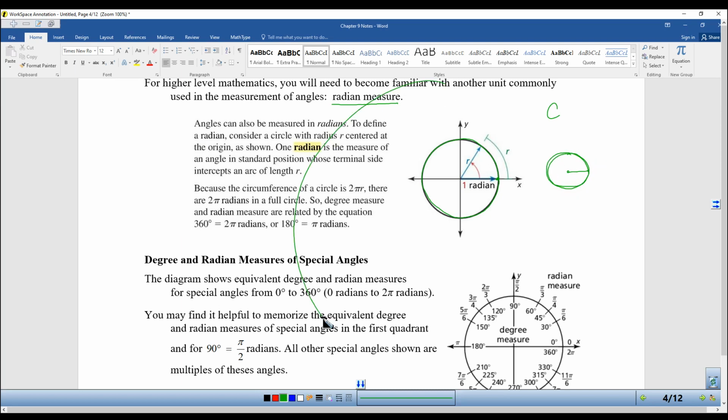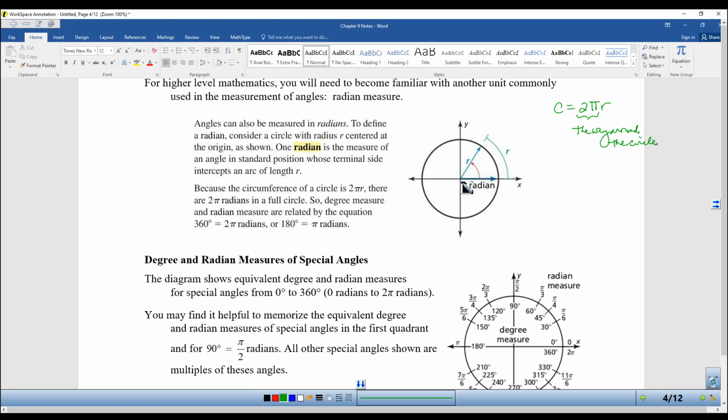If I made a really large circle with a really big radius, that radius is going to make a bigger circumference. So you might remember that the formula for circumference is 2 pi r. So the 2 and the pi are constants, only the r changes. What does the 2 pi represent? The way around the circle.